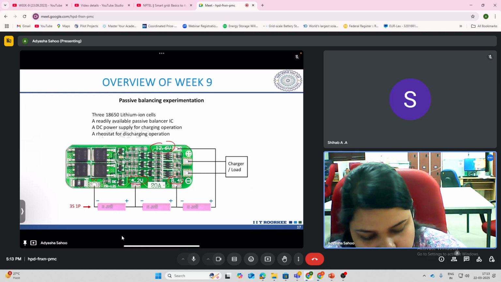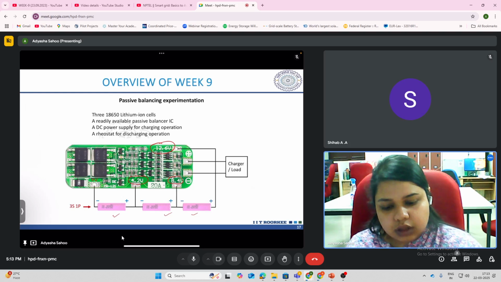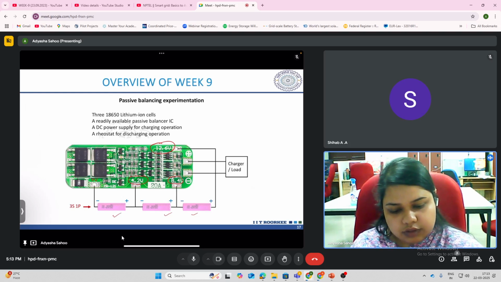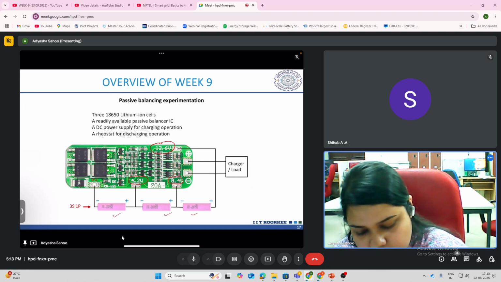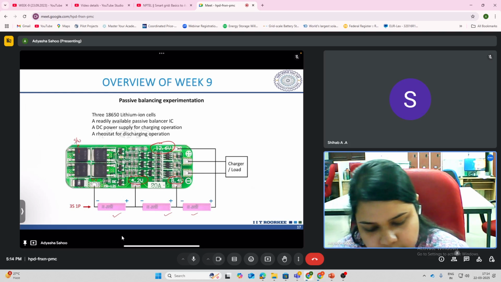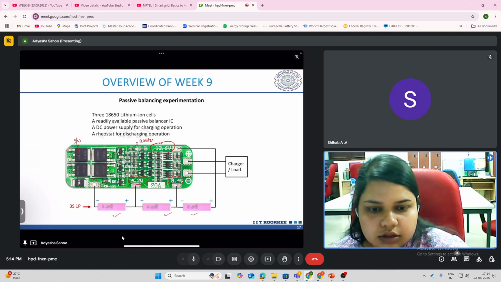So we have three cells in series. Now we have this charger or load, and these are nothing but your switches here. These are the resistors through which you will discharge the power.